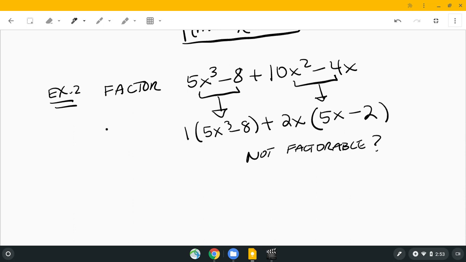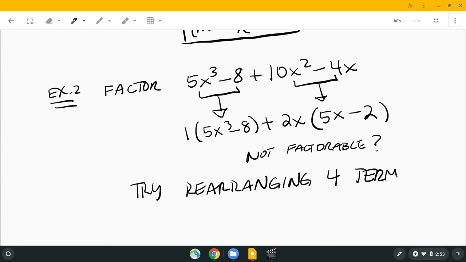Let's see. If I rearrange them like this, so try rearranging the four terms. So the original four terms.